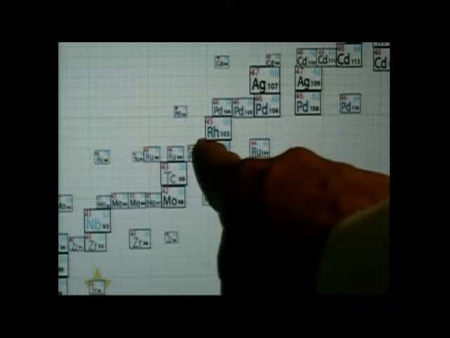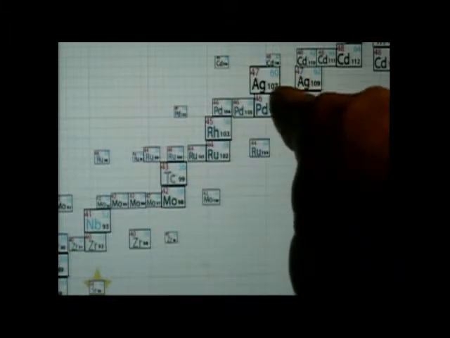Rh, 100% isotope. Up from that, silver splits. 2 isotopes of silver. Now silver has a +1 oxidation state. Above silver was copper. Copper had the split like the original chlorine.